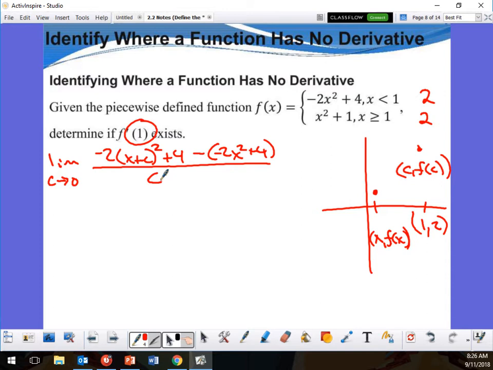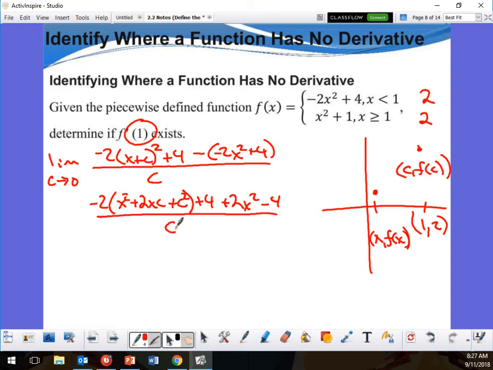Okay, so now from here, do my distribution. Negative 2 parentheses x squared plus 2xc plus c squared, plus 4 minus, becomes a plus 2x squared minus 4. All this over here is going to be over my c.